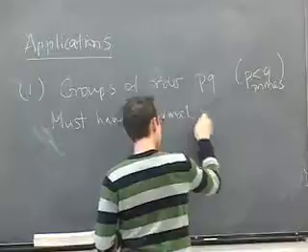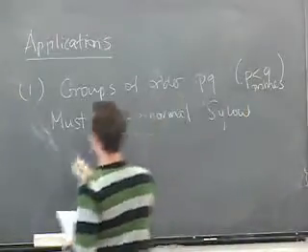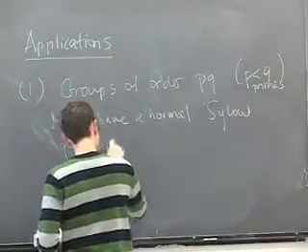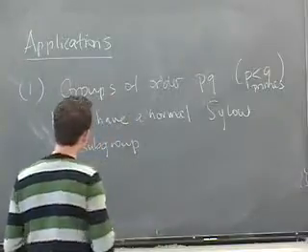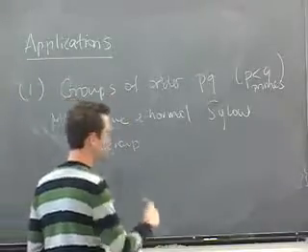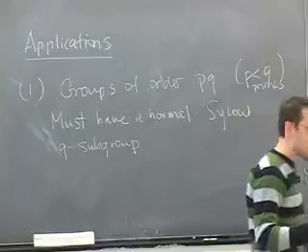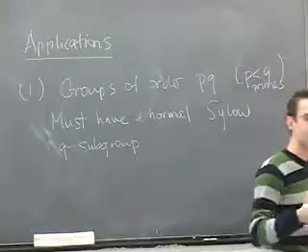So we must have a normal Sylow q subgroup, because the number of Sylow q subgroups must be 1 or p, but it also must be congruent to 1 mod q.